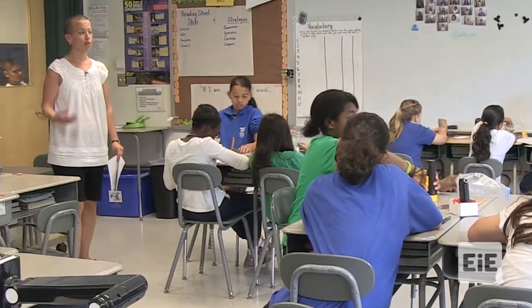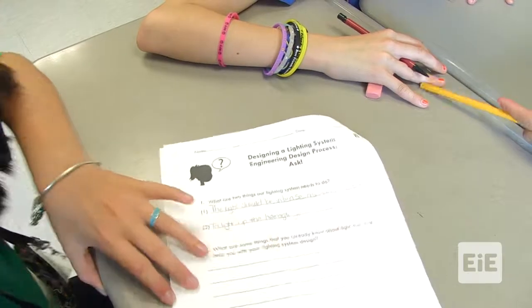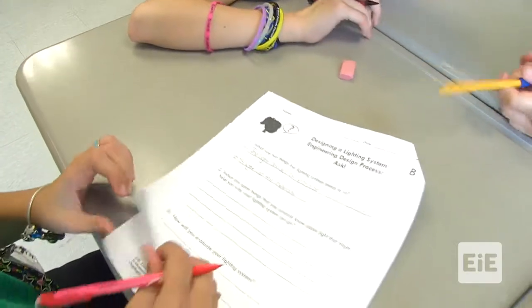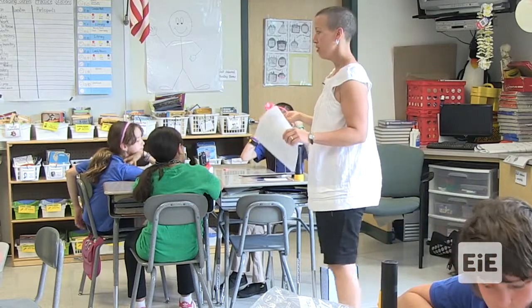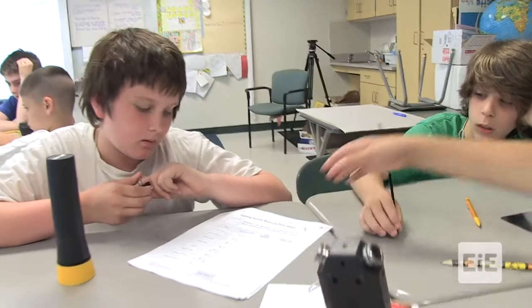It depends upon what your group is imagining would work best. So we need to be thinking about how might you use these materials, how might you assemble them together, combine some of them together, how might you use them separately, how might you get them to best be able to complete your lighting system.